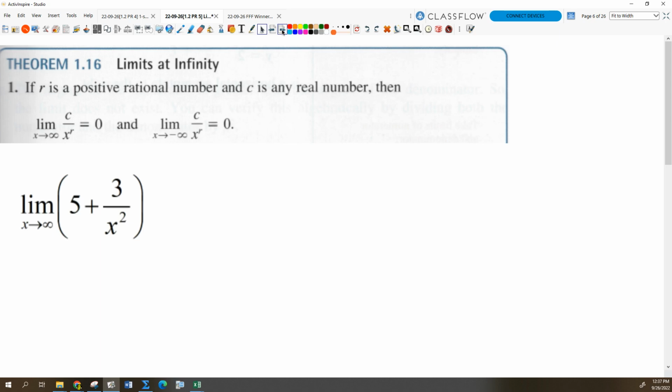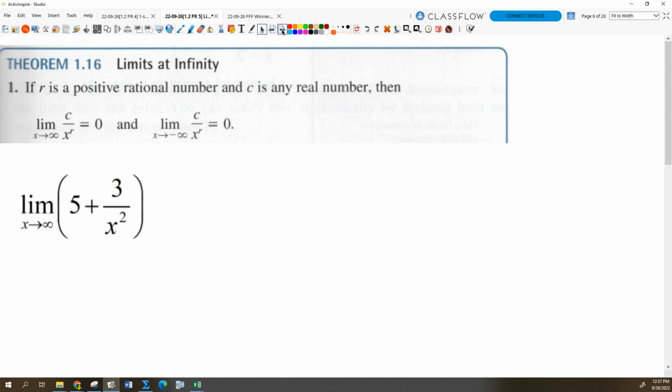So in a case like this, if we're taking a limit where the top is staying constant and on the bottom I've got x to the r where x is approaching infinity, isn't the bottom of the fraction going to be carried to infinity then? What's the logical limit of that? If the top is staying at some constant value and the bottom is approaching infinity, what value is the fraction itself approaching? It's got to be 0, doesn't it? Right? So you can pretty easily reconcile that if you think about it.